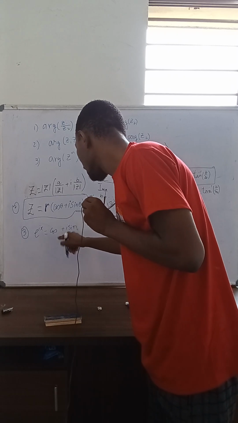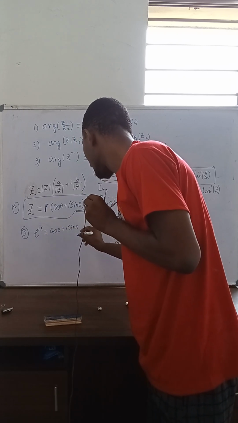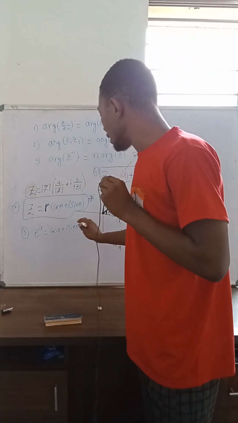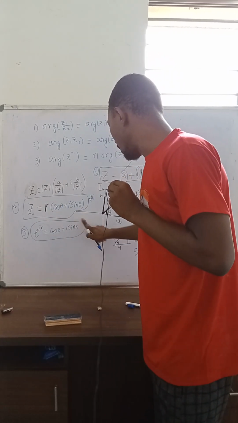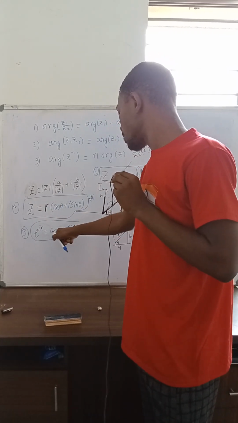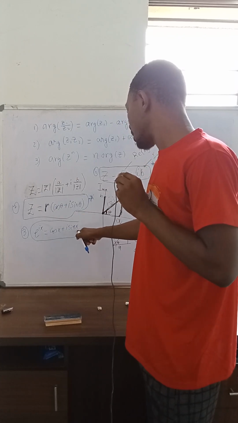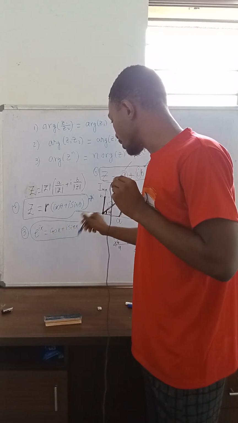It's not theta, actually it will be x. This is another way to write a complex number. This is Euler's equation.